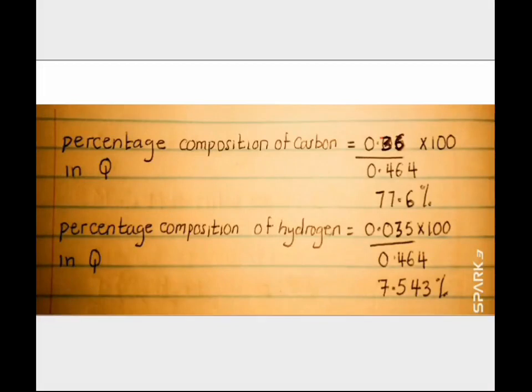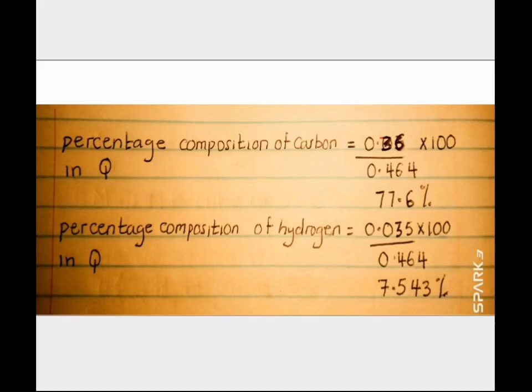So after getting the grams of the two elements, we now want to know their percentage composition in that organic compound Q. So we see here the percentage composition of carbon is 77.6 and the percentage composition of hydrogen is 7.43. But when Q was separately burnt, 7.08 cubic centimeter of nitrogen was produced.